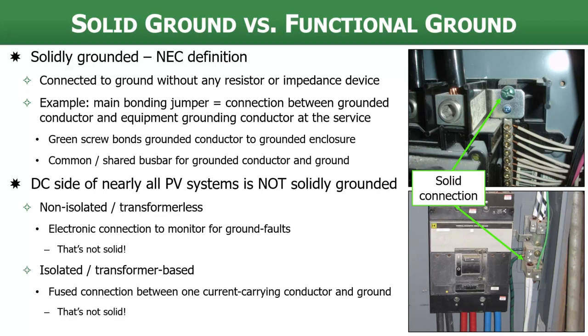And then isolated or transformer-based inverters have a ground fault protection device, which usually consists of a fuse connection between one current carrying conductor on the DC side and ground, and that is also not solid. The fuse can blow or it can be removed, and that's not a solid connection.